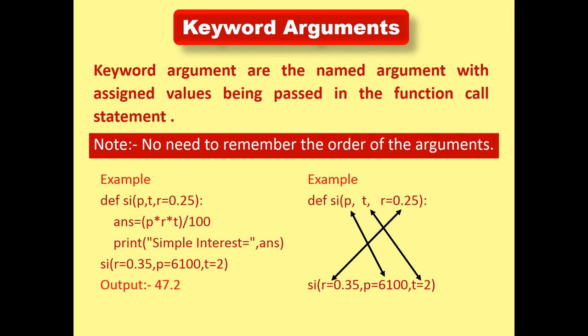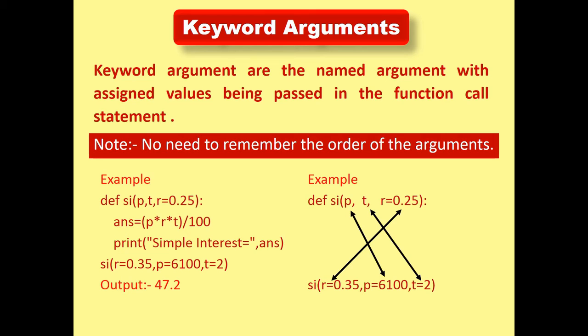My dear students, the next kind of argument is called a keyword argument. Keyword arguments are named arguments with assigned values being passed in the function call statement. Kindly note this thing: there is no need to remember the order of the arguments.